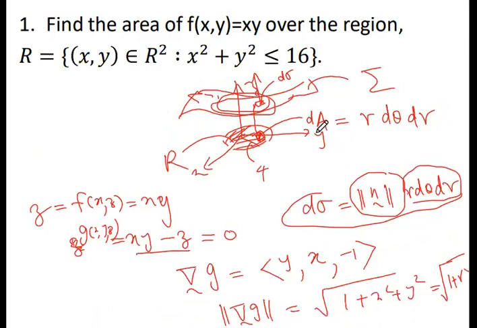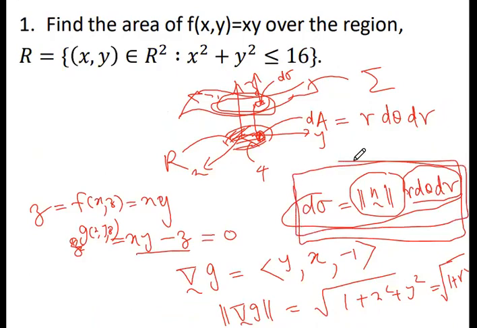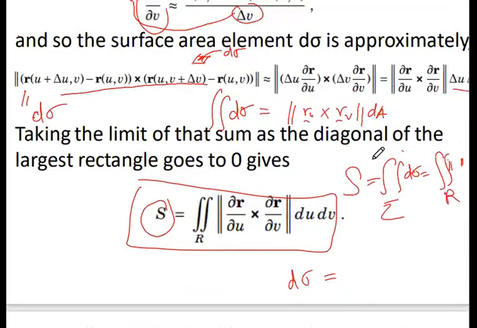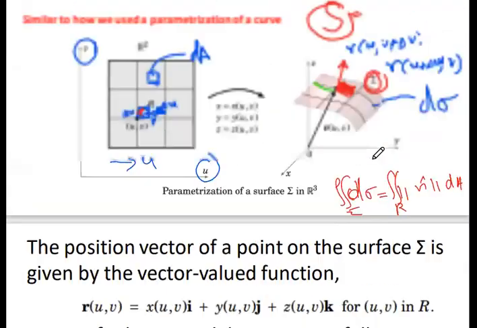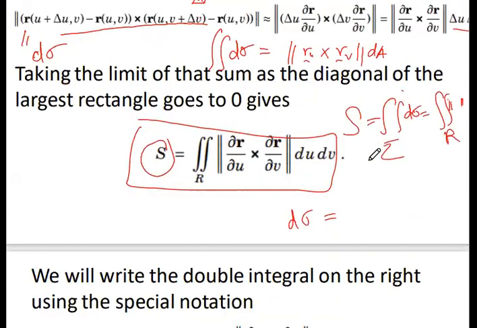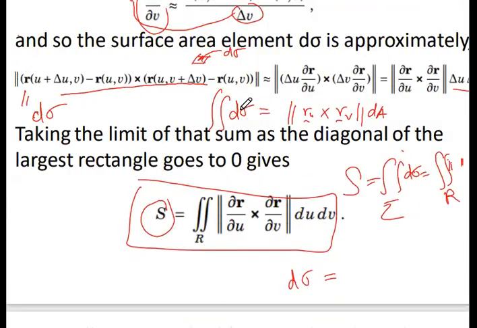All you need to do is remember this one here: d sigma is equal to the magnitude of the normal vector times dA, and integrate both sides.